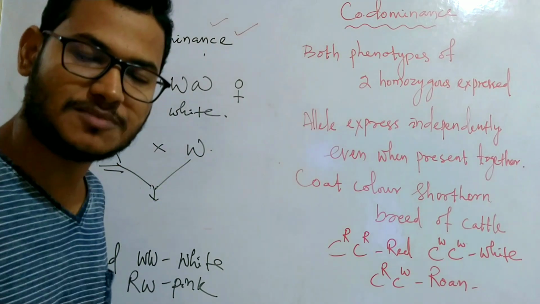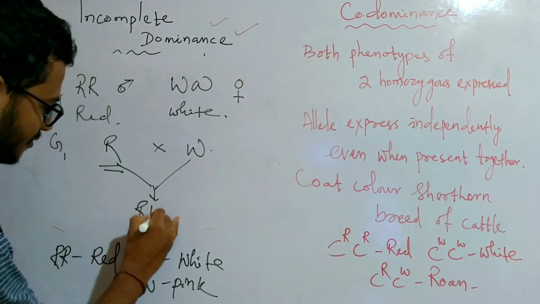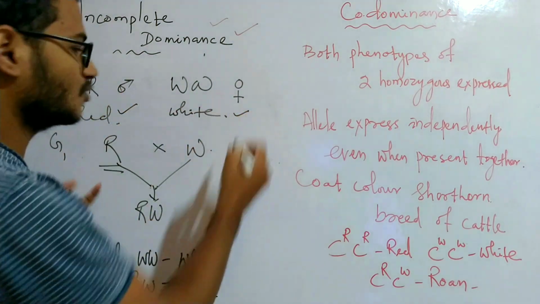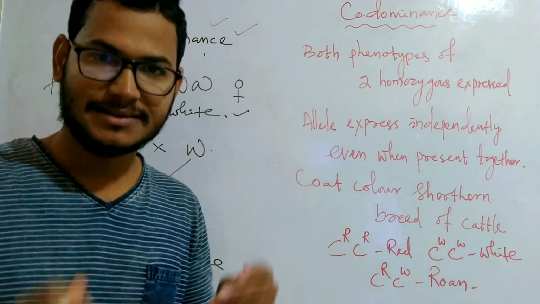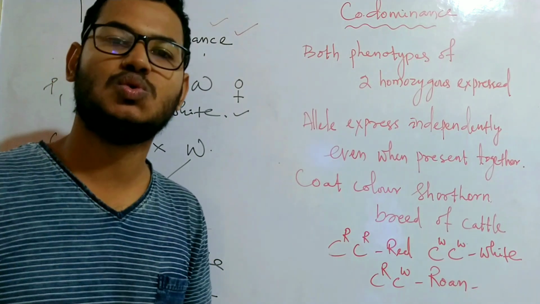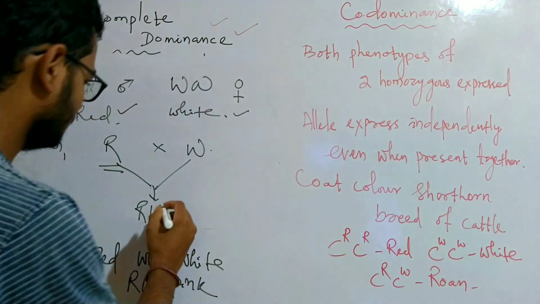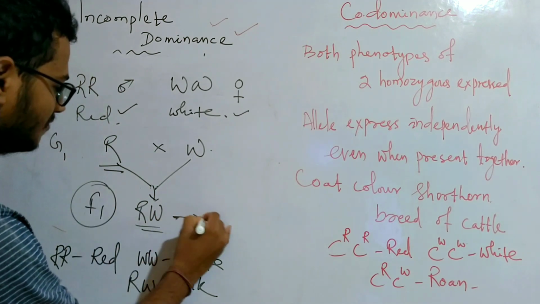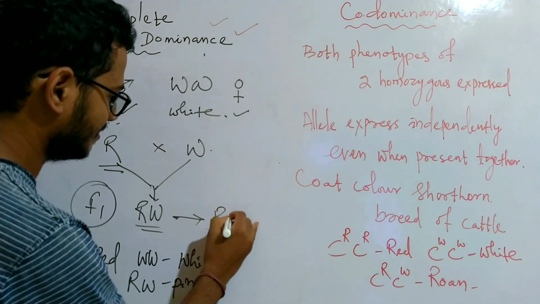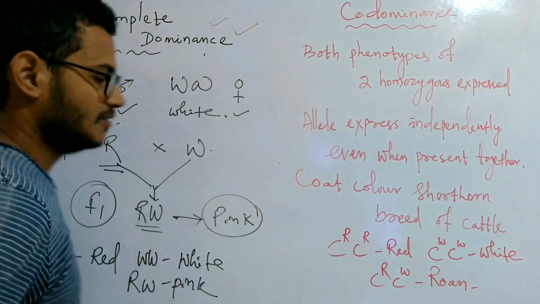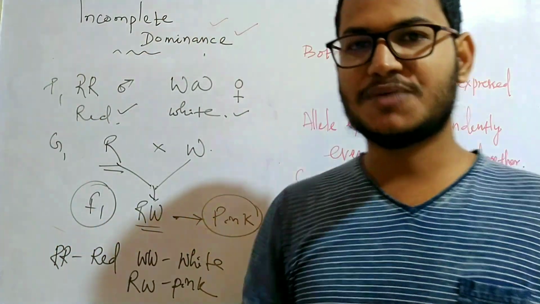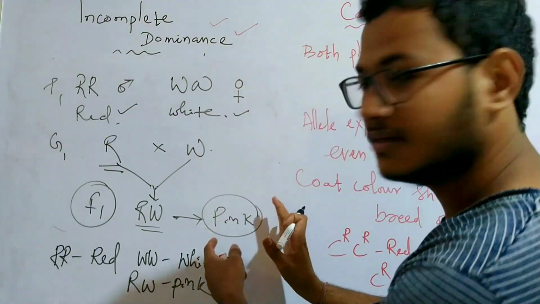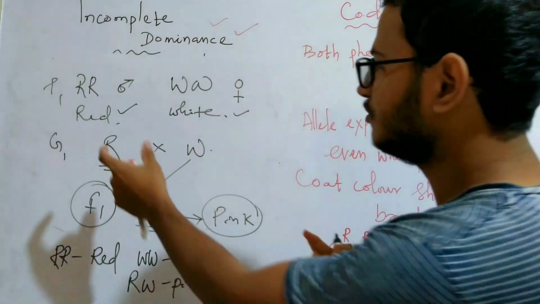After the fusion of the two gametes we get RW, which is neither red nor white but a mixture of the two characters. That is, the flowers of the F1 plant will be pink in color. Pink is neither red nor white, so it is intermediate between red and white.